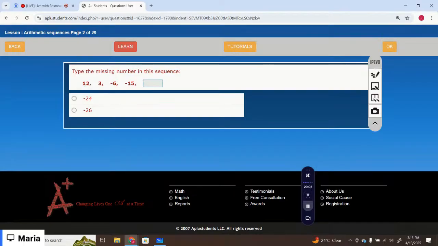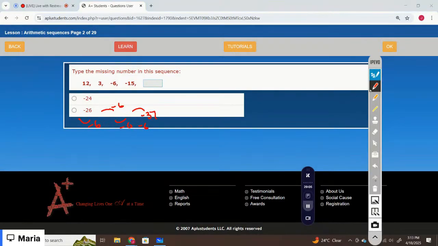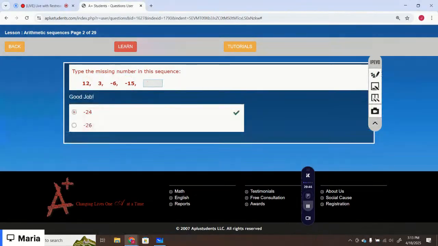That is decreasing. 12 minus 9 is 3. 3 minus 9 is -6. -6 minus 9 is -15. -15 minus 9 is -24. Option number 1 is the correct option.